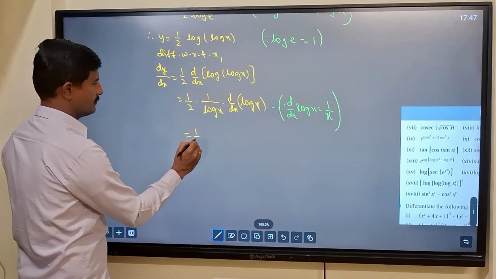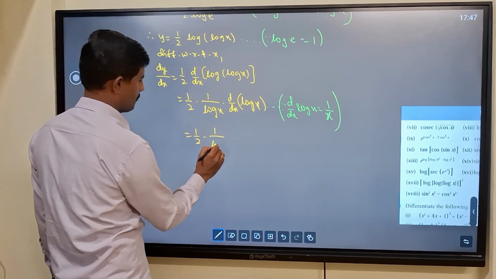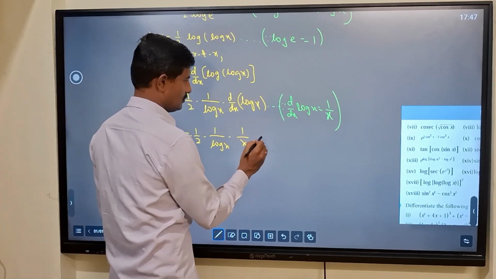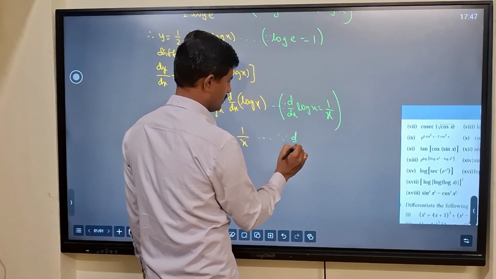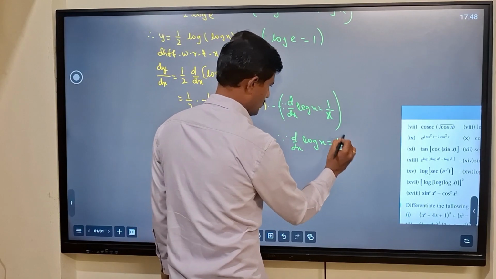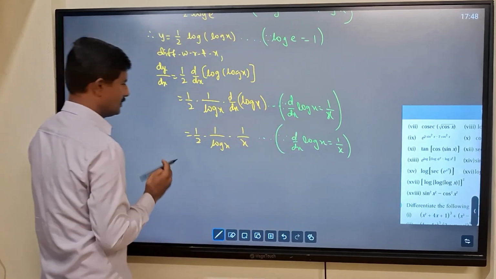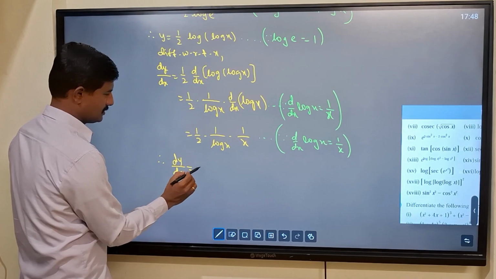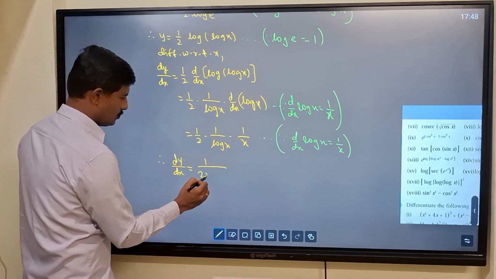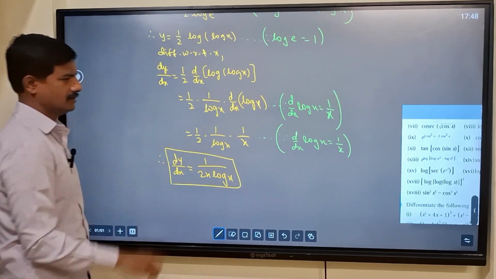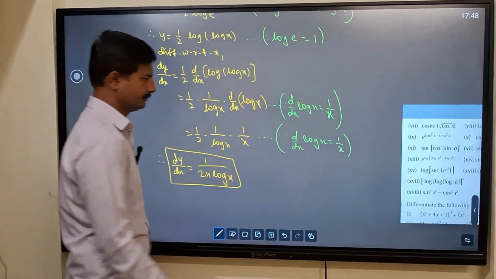Again we are using the same formula. Write down that formula: d/dx of log x is 1 upon x. Last rearrangement: therefore dy by dx is 1 upon 2x log x. This is your answer.